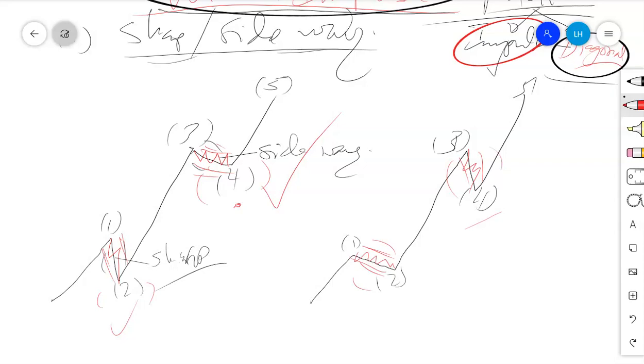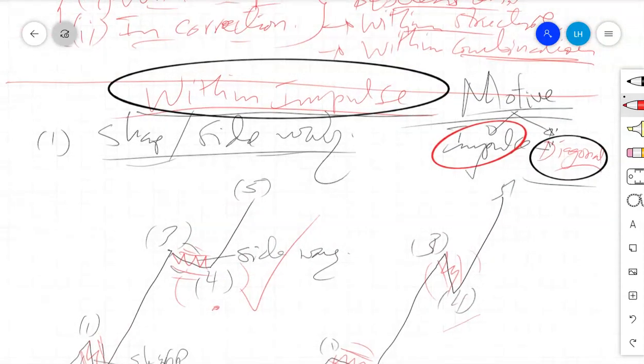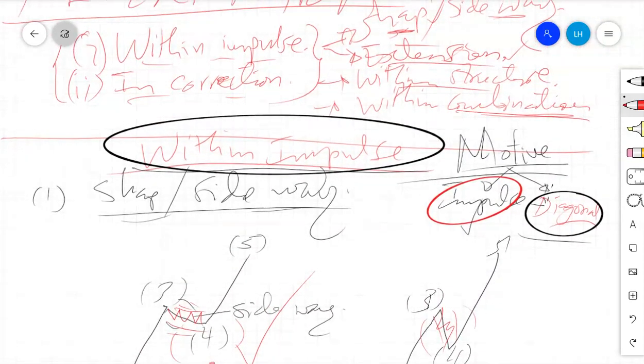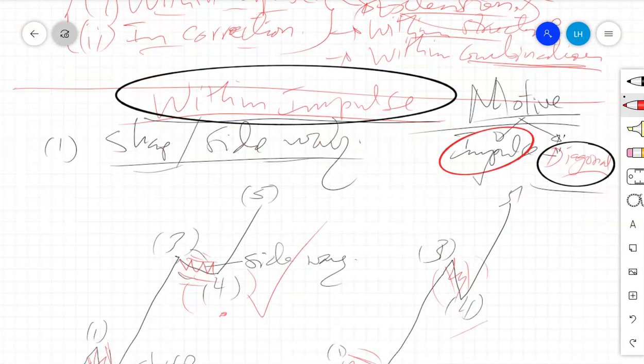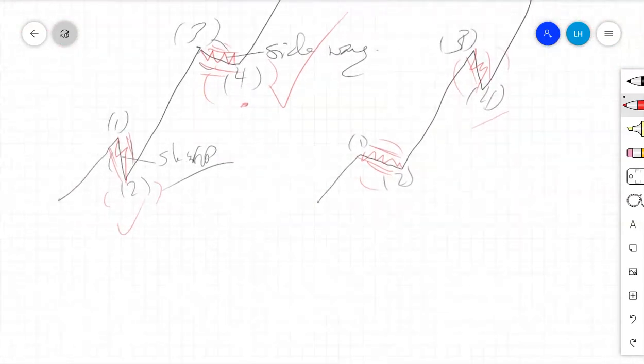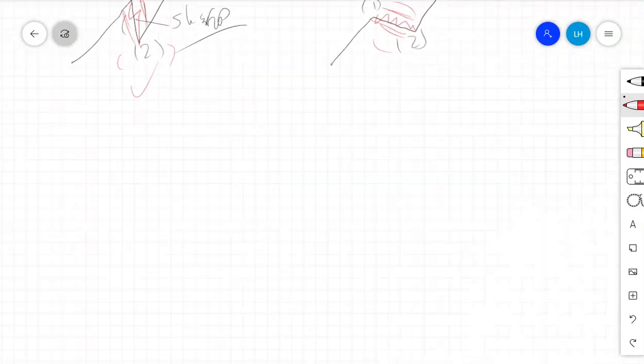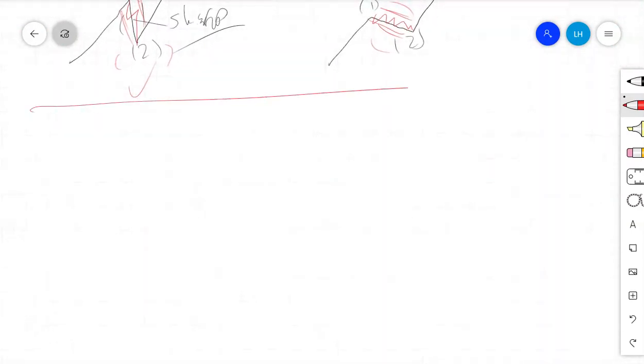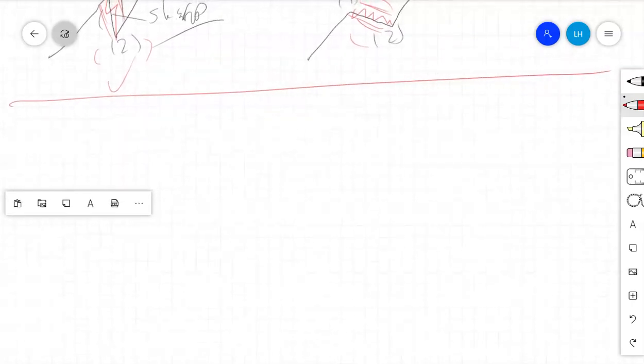Now that's all about the issues on sharp and sideway, but it is just a part of the impulse. On an impulse, we have the idea of extension. Impulse waves actually show extension, and this is a very sensitive part.